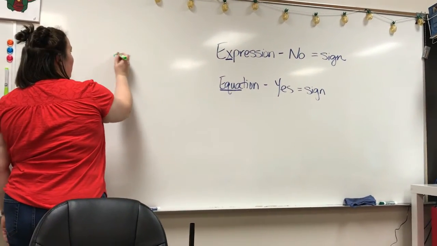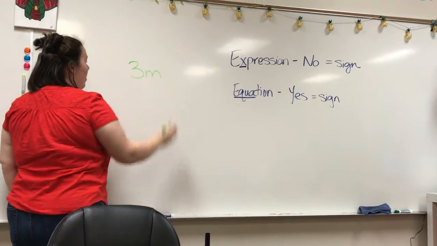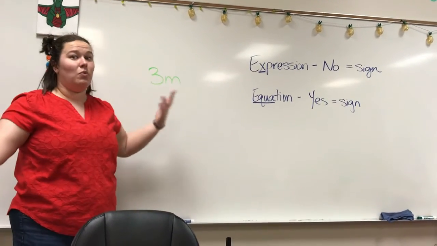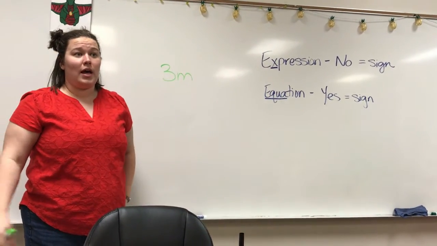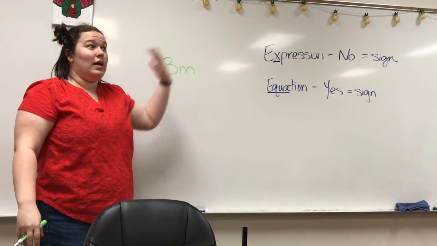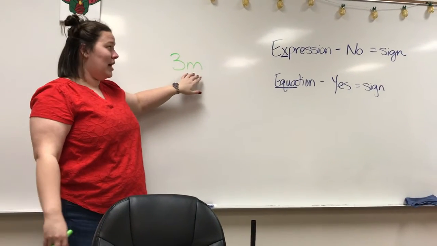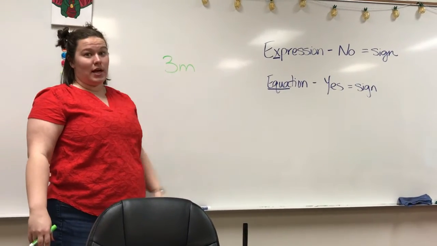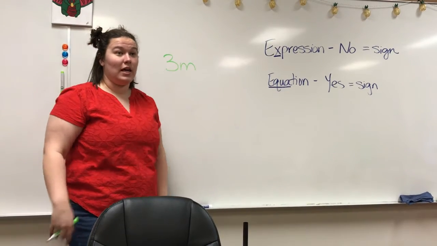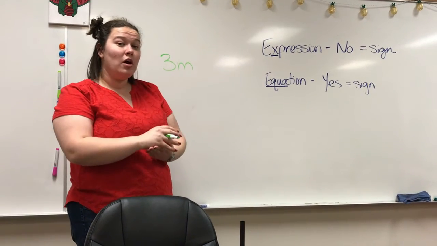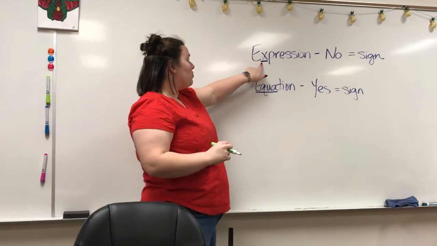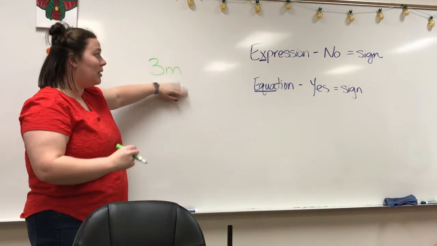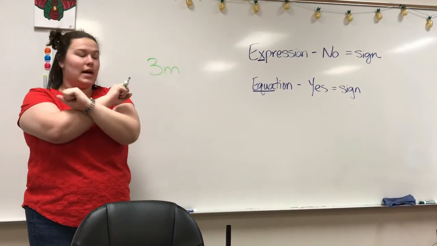That's kind of like if I do 3M, M can be whatever number I choose, okay? And the answer depends on what I assign that. So there isn't an equal sign because you can't solve for anything until I give that letter a value. So an expression is this because it has no equal sign.